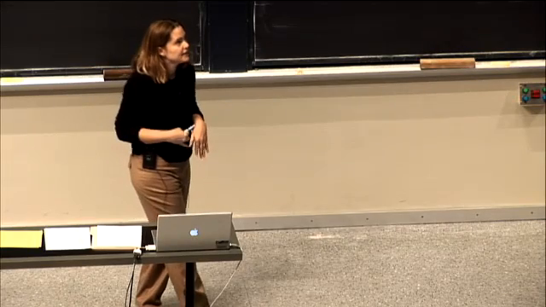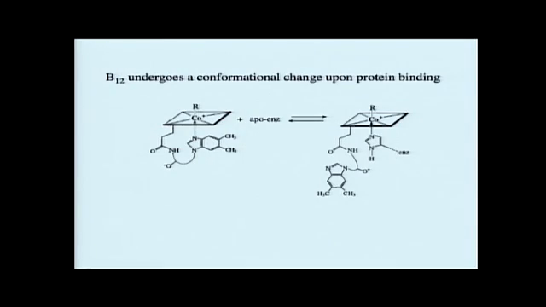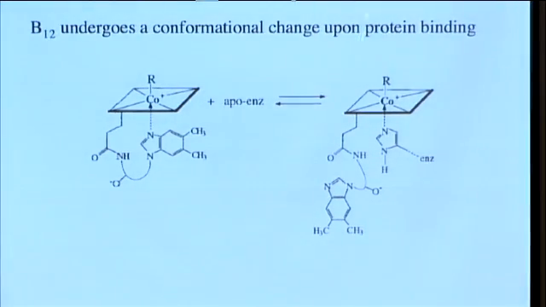What happened in this case was that the vitamin B12 cofactor had changed its conformation when it bound to the protein. Instead of having this loop structure here, it had more of a tail. So this base here had moved down, and so there was a different shape to the vitamin than had been expected.